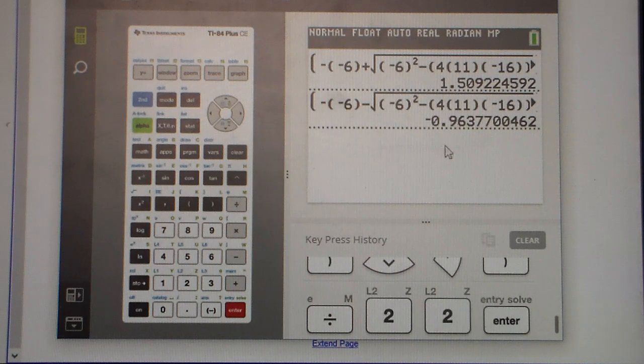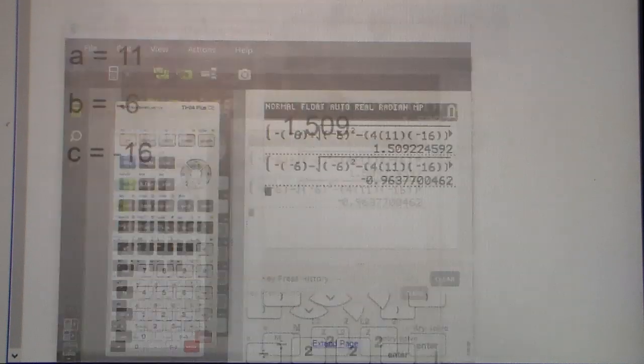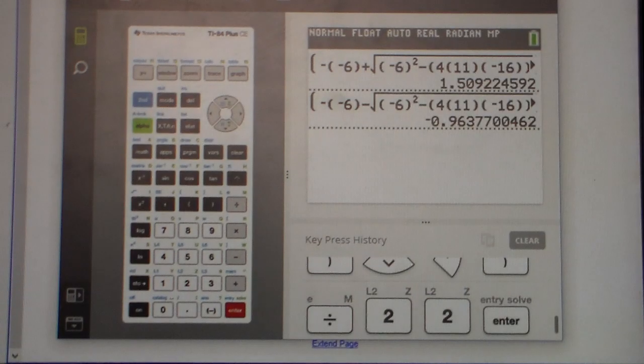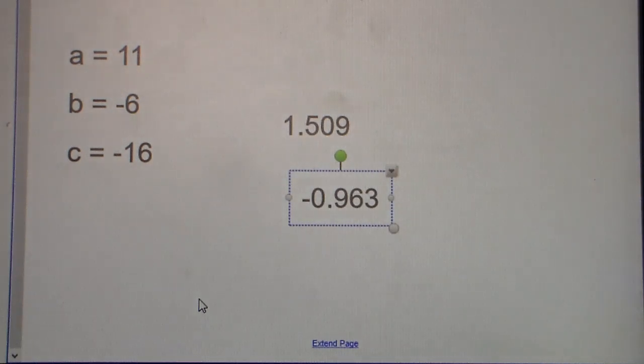So we have negative 0.963. And those are our two answers right there.